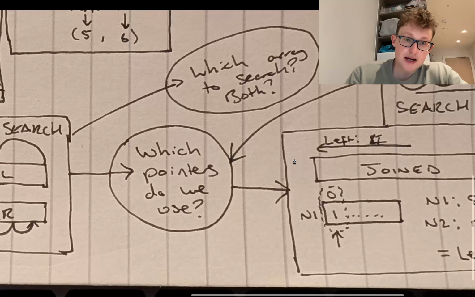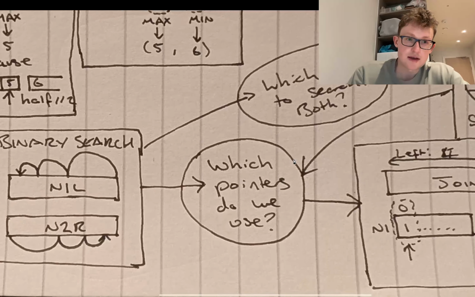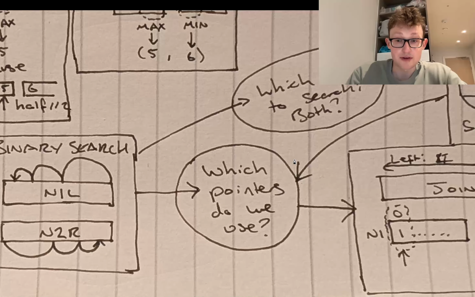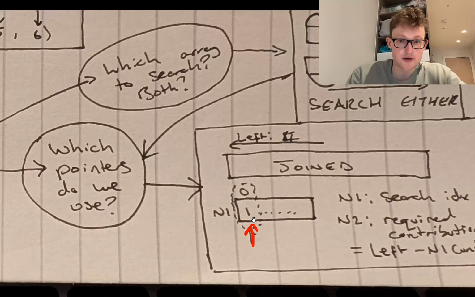And then back to saying which pointers we use. Let's say we're searching the smaller one. This kind of relates to the earlier problem of keeping the sizes the same. So say we get to the middle point in our binary search, we're looking at the n1 array, and we're only getting one value. But let's say we need 10 elements from the total, like the left side, let's say it has like 10 elements or something.